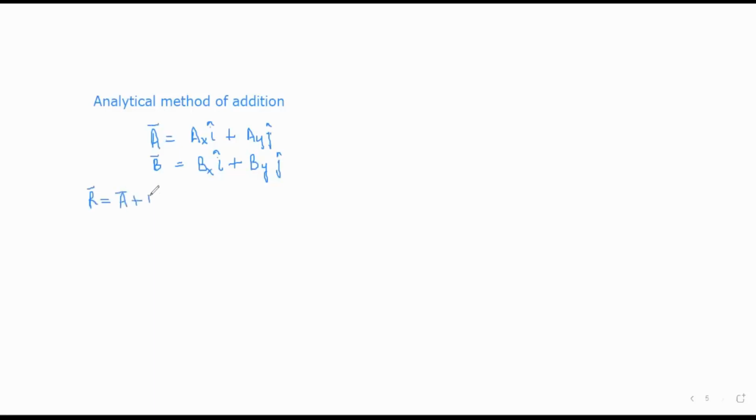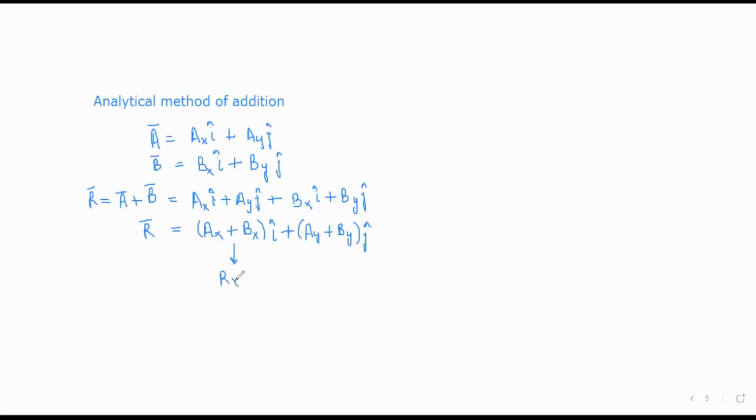If we want to calculate R, which is A plus B, we can simply take the terms in the i cap direction together, and we can take the terms in the j cap direction together. So this becomes our resultant vector. The x component for the resultant vector will be ax plus bx, and the y component will be ay plus by. So this ax plus bx is rx, that is the x component, and this ay plus by here is ry, that is the y component.